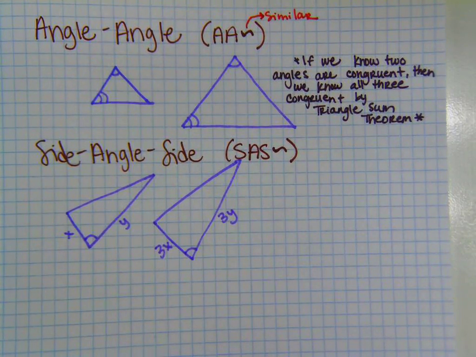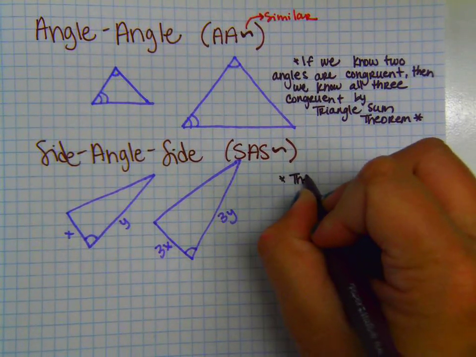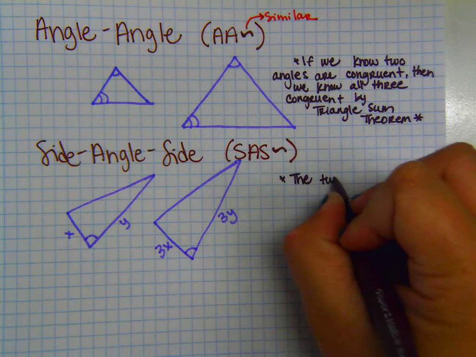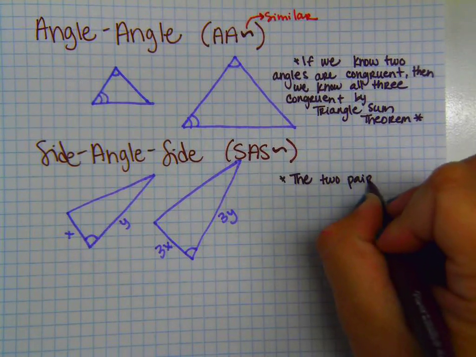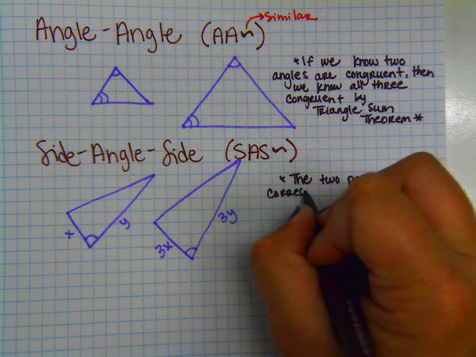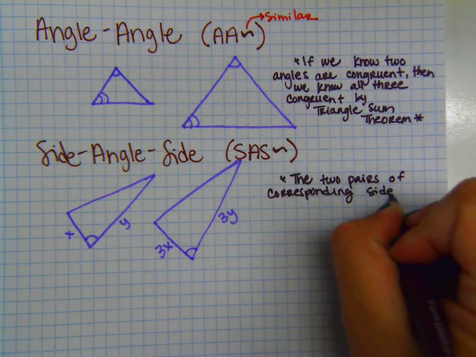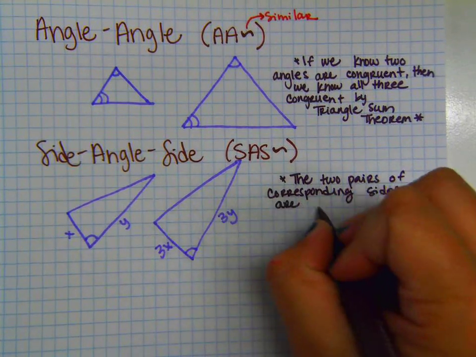And I'm going to write that down. I'm going to say the two pairs of corresponding sides are proportional.